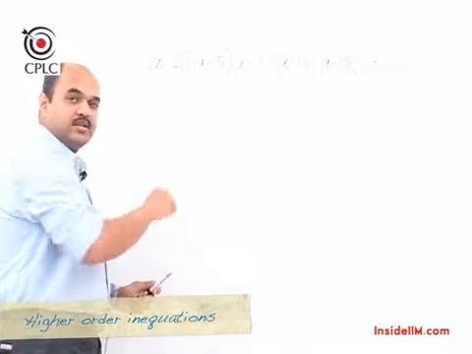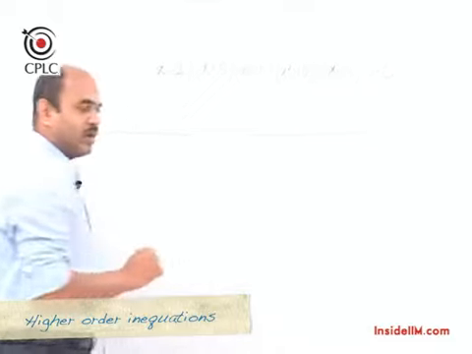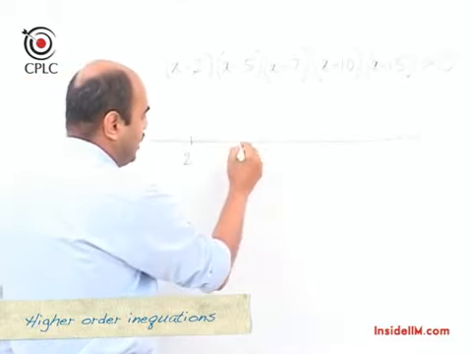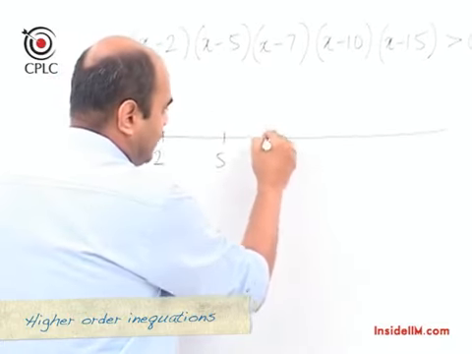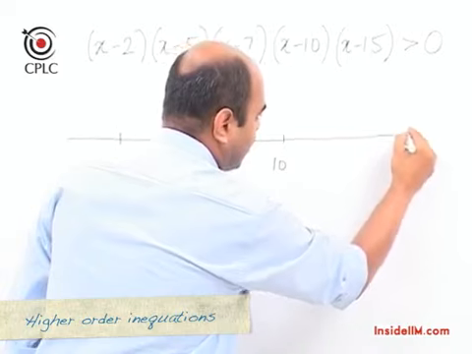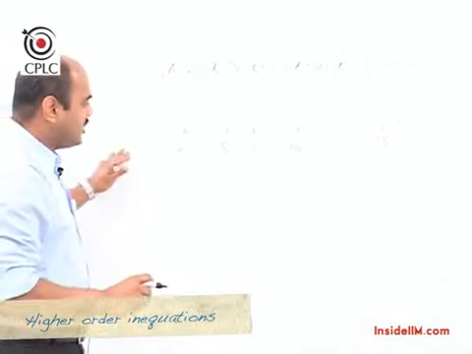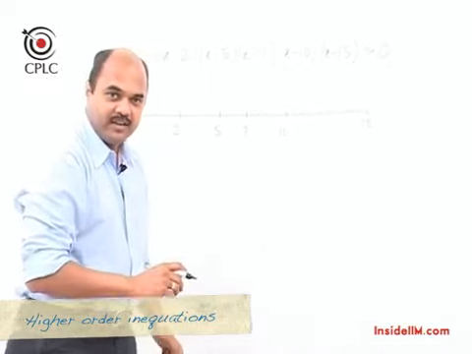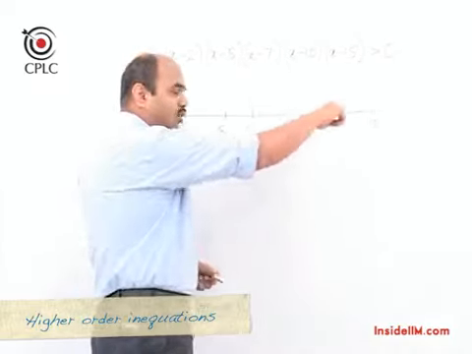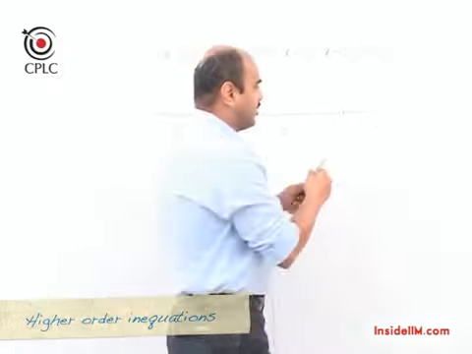Let's try and solve this using a graphical method. So suppose I look at a number line and then I plot these points. Suppose I have 2 and then I have 5, 7, 10, and then we look at 15. When I look at these points plotted on the number line, I can take a value in any of these ranges, which means I can take a value, say, greater than 15.